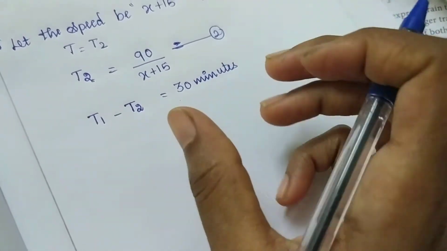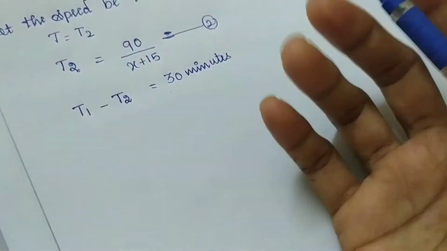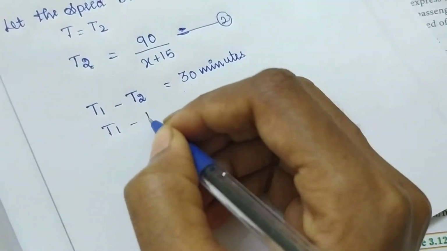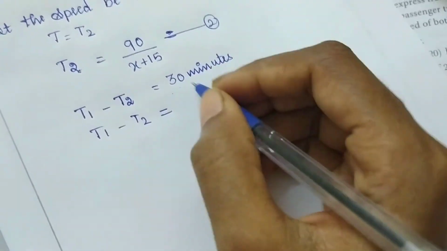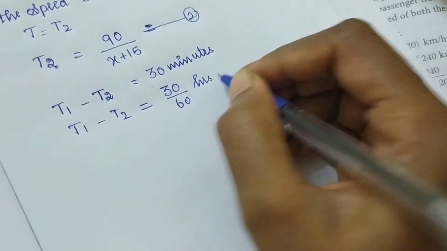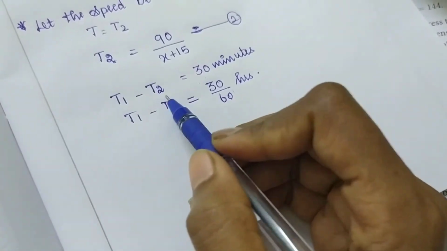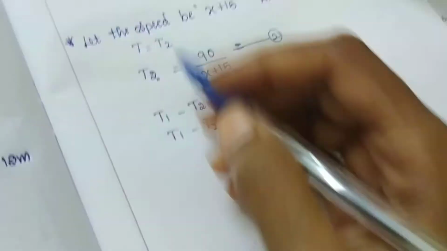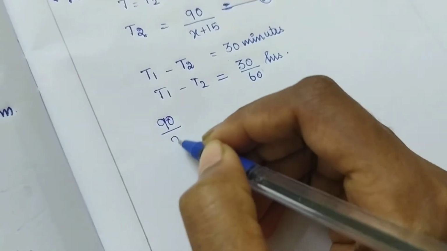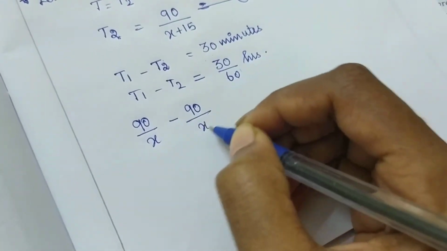Normally it should be converted into hours. So T1 minus T2 is equal to 30 by 60, dividing by 60 to get hours. So what's the T1 value? 90 by x minus the T2 value, 90 by x plus 15.